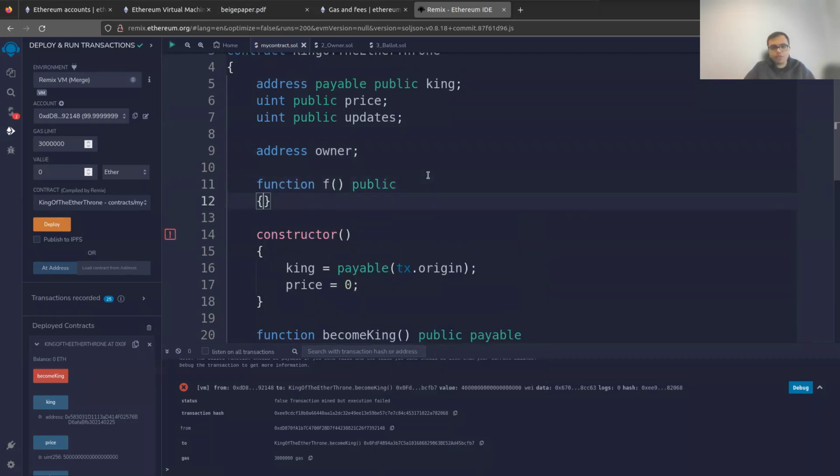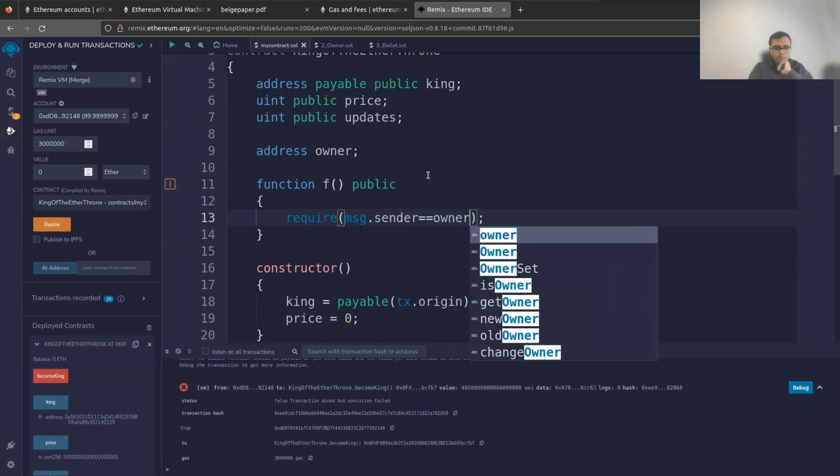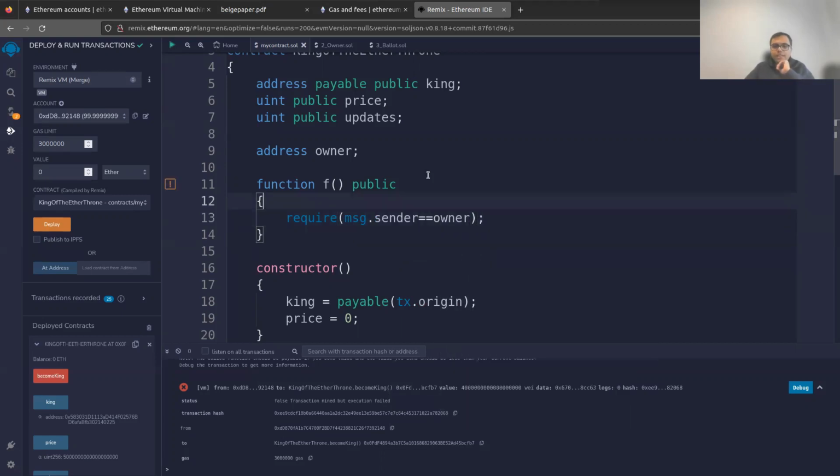I want this function to be public, but let's say I want only the owner to be able to call this function. So I can just add a require at the beginning of my function, and I can say require msg.sender to be the owner. And that makes sure that if anyone else calls this function, then this requirement will fail. And since this requirement fails, their entire transaction will be reverted, so it will have no effect at all.